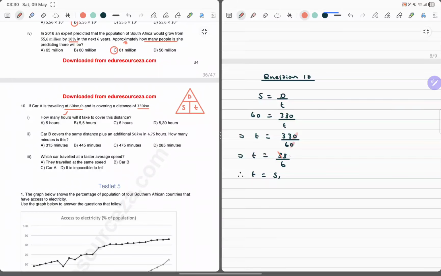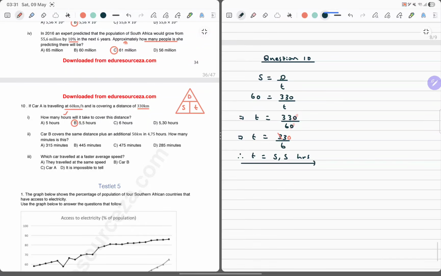So this one is gone, so we put a 0 there. 6 into 30 goes how many times? 5 times. It's done. Or you can go long division if you want. So 5.5 hours. Is the B. Right, so that was the first one.